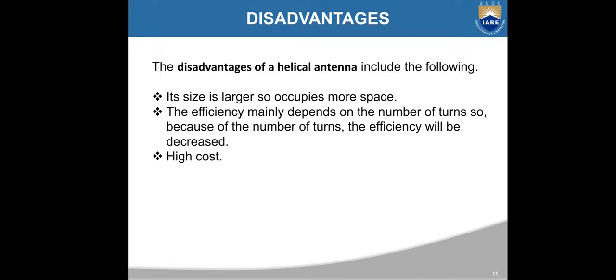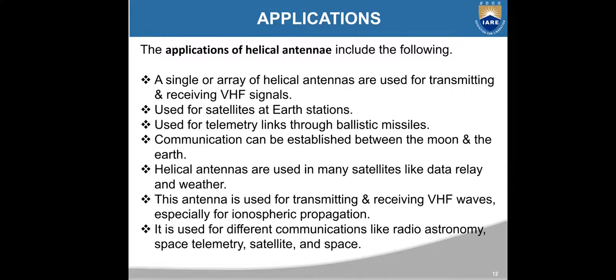If the size is very small, it is not useful to us and the efficiency will decrease. And basically it is high cost, and it is mainly used for satellite purposes like data relay and weather.